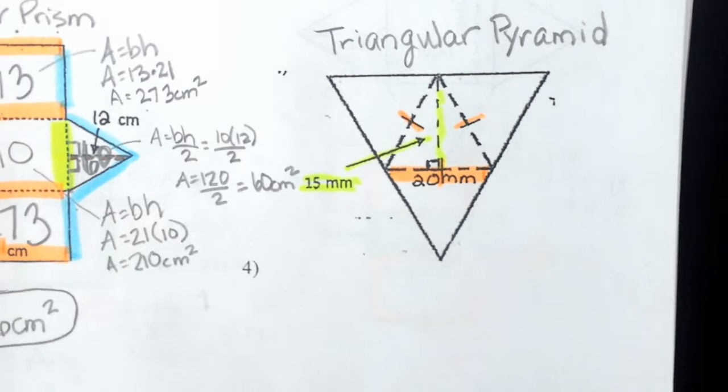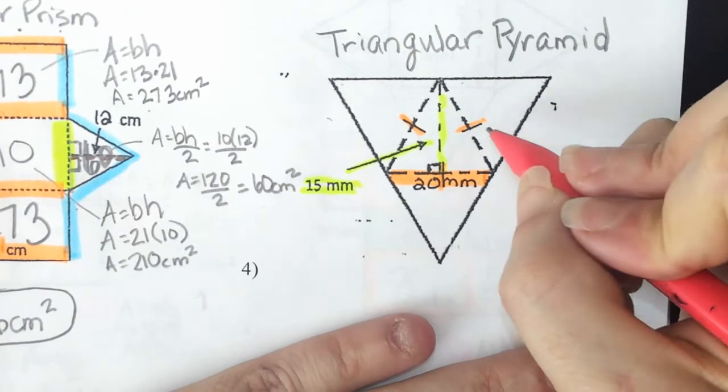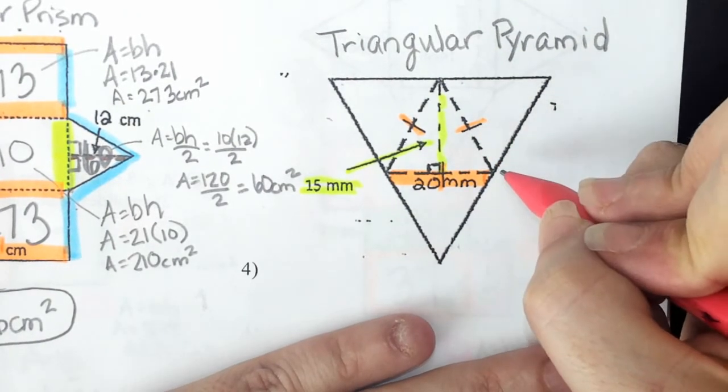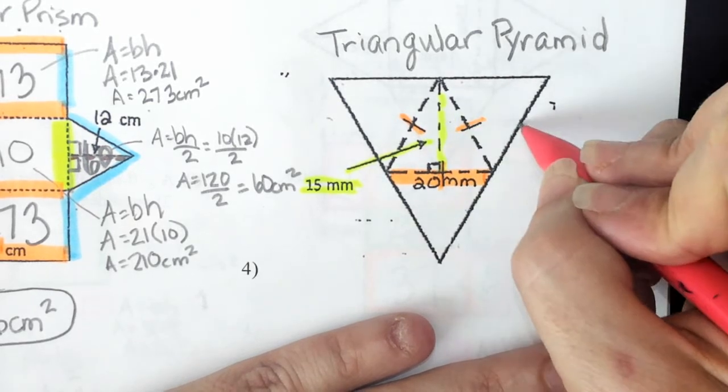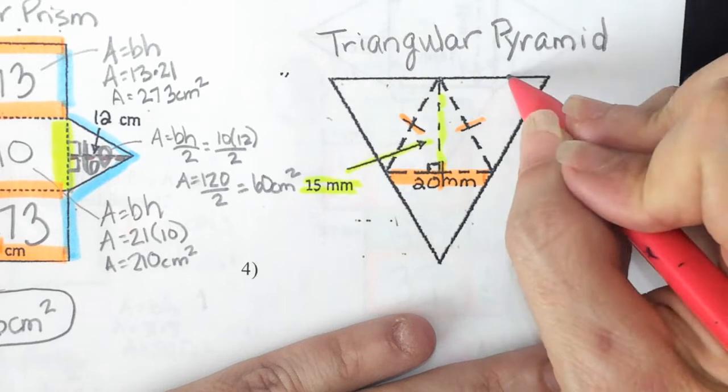Okay, so that triangle is, and basically when it folds up, they would all touch and all be 20s all the way around.